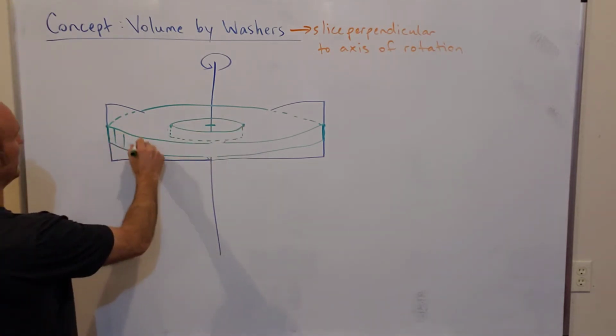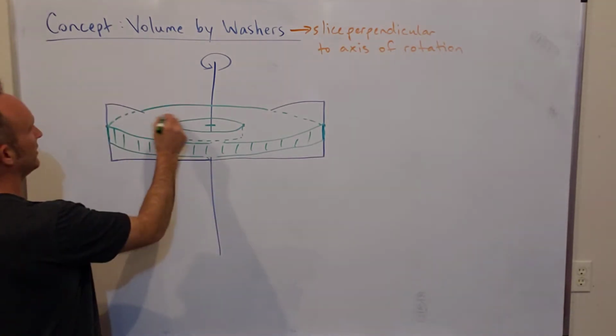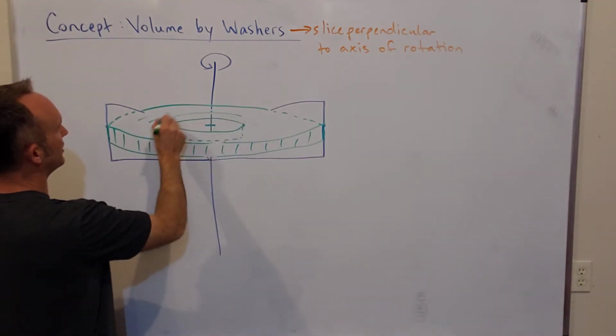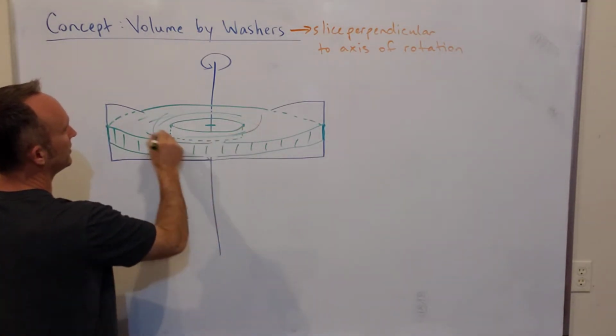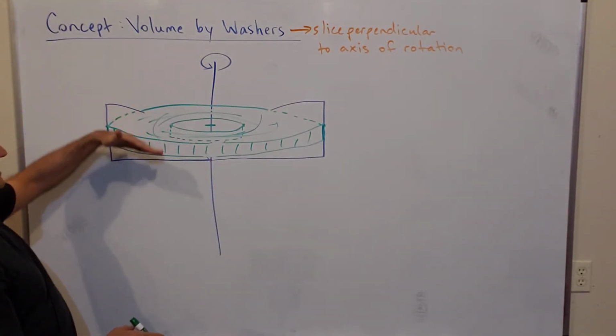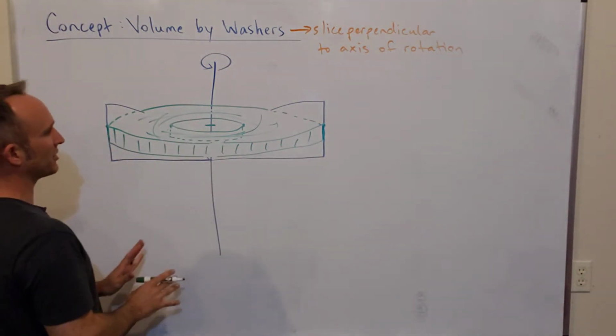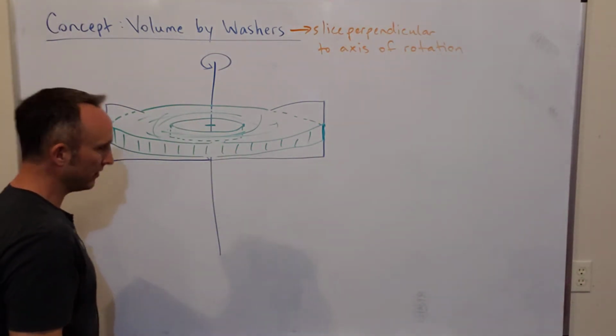So this is your front edge. And then here you've got the solid wrapping around this hole in the middle. And so you'd have a number of those stacked on top of one another, and you would add the volumes of each. Now, how do you calculate the volume of such a thing?